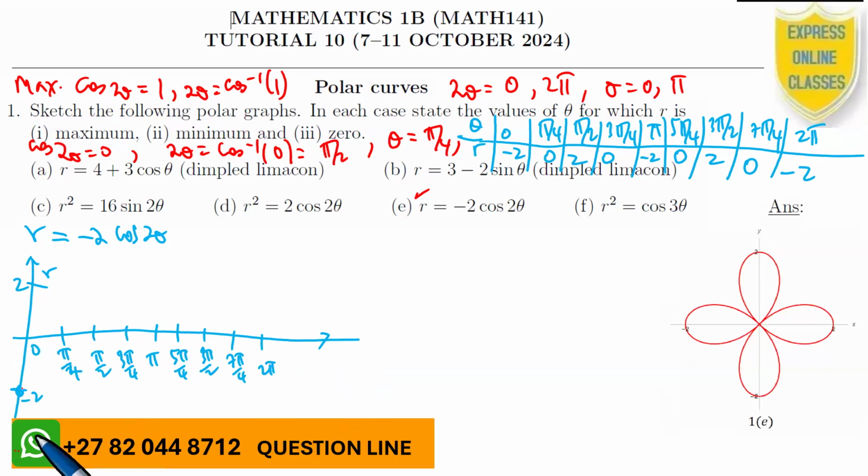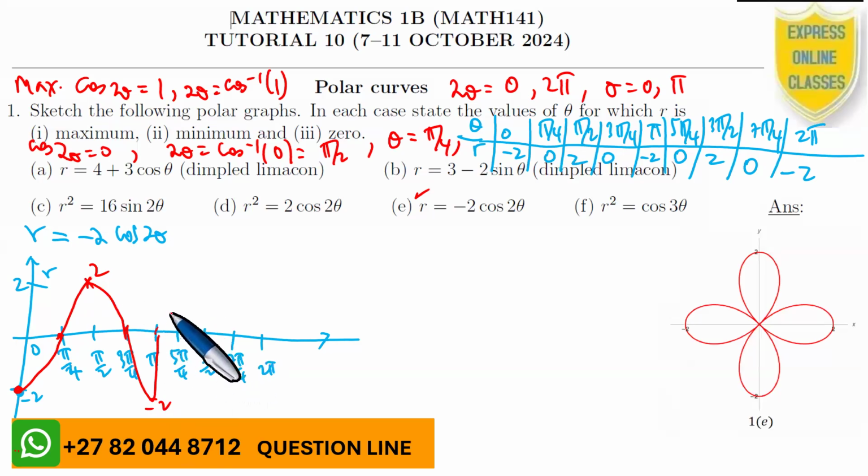So now you have this one, which is 2. 3 pi over 4 is going to be 0. At pi it is -2.